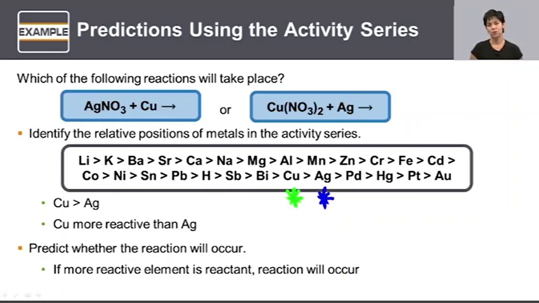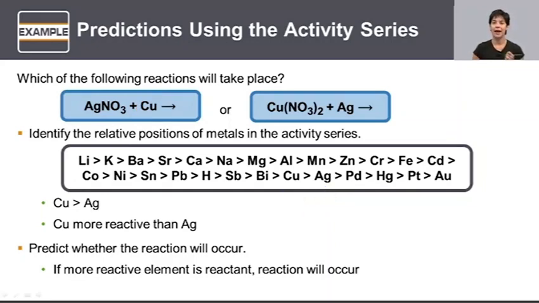So that's where the reaction will occur. What we see in our example is that the copper is in its pure form. And we know that according to the activity series, it's the more reactive. So I predict that's the equation that's going to proceed.